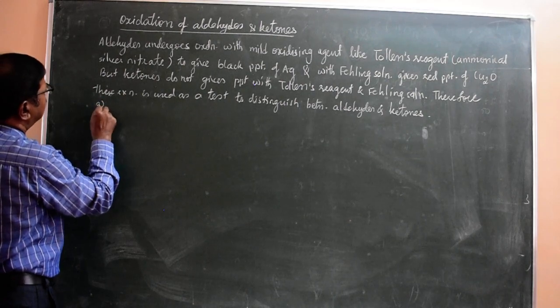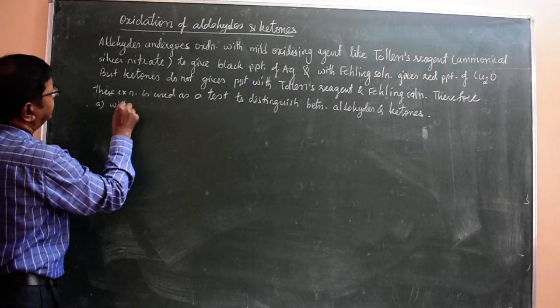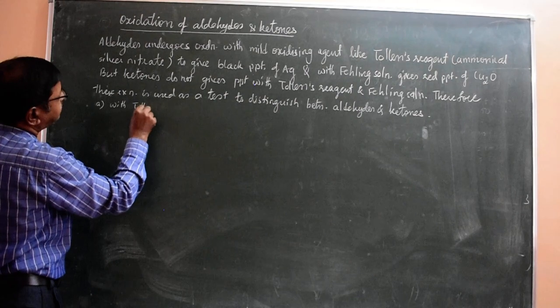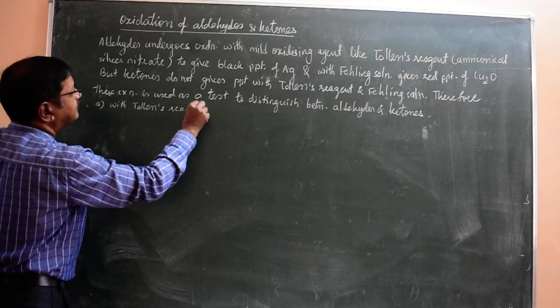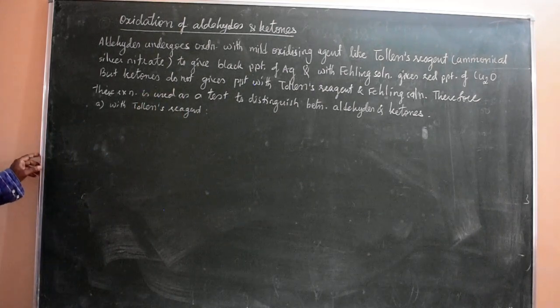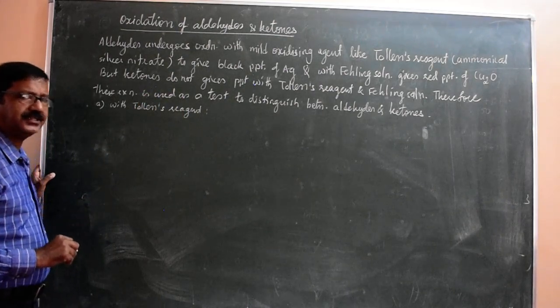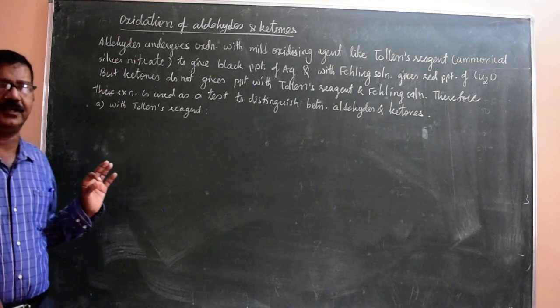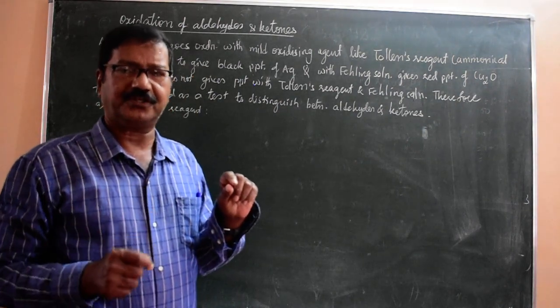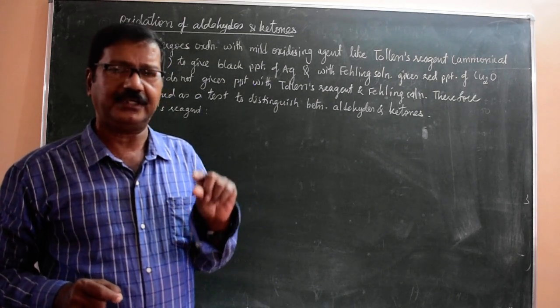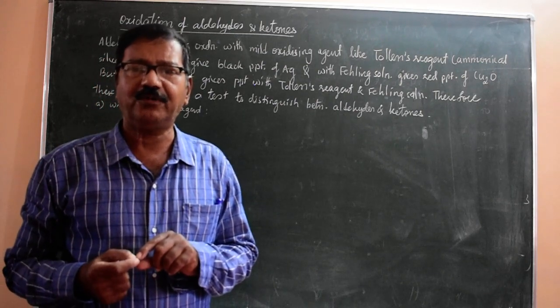Now I am writing A, with the Tollens reagent. Well, Tollens reagent is nothing but the reagent obtained by adding 1 to 2 drops of NaOH solution into 1 ml of silver nitrate solution.